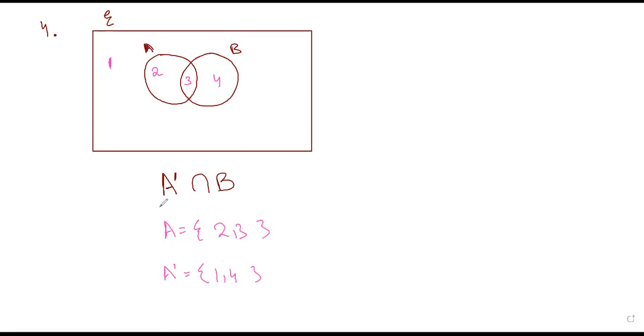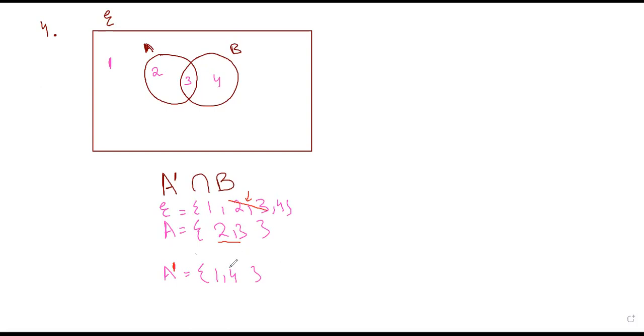Because in the universal set we have 1, 2, 3, 4. When we talk about A complement, listen carefully to my wording: every element of the universal set except the elements of A. A had 2 and 3, so I cut 2 and 3, and we are left with 1 and 4 only.